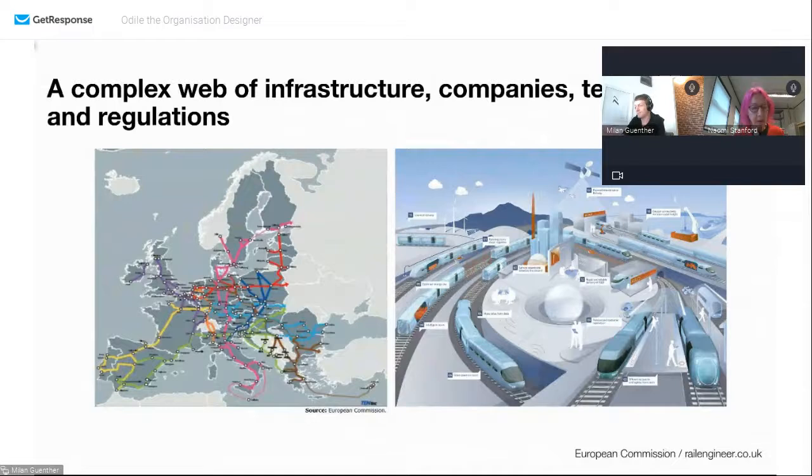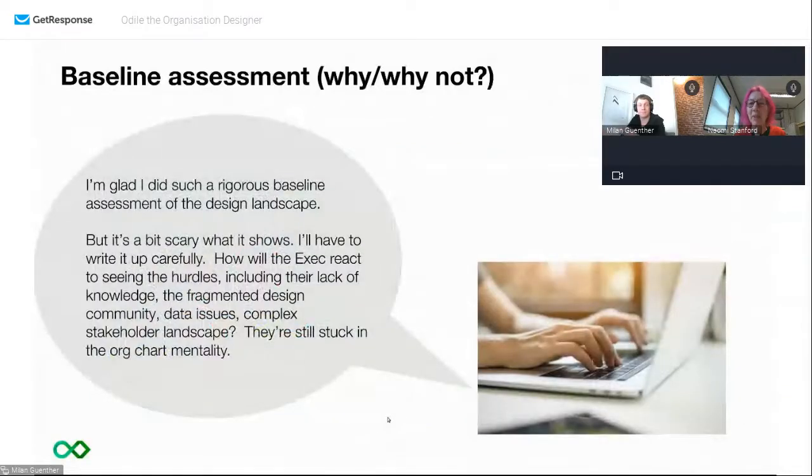Okay, so you've done the assess phase, and now there's a question about, do I write this up and present it? And I was just having a discussion with Milan earlier this week on that. Here, Odile is thinking that she did a rigorous baseline assessment for herself. She knows the design landscape she's got to develop the collaborative movement in and get this nice continuous design governance framework into.